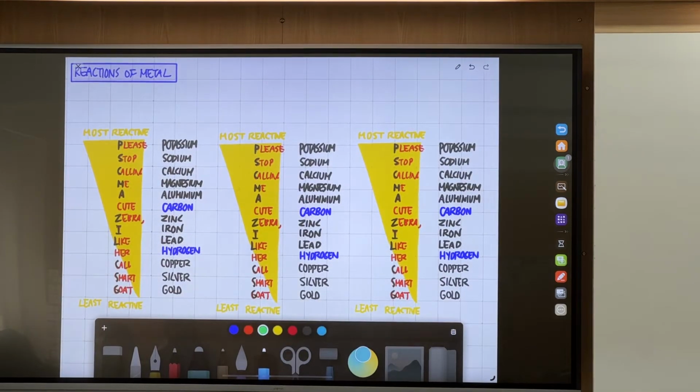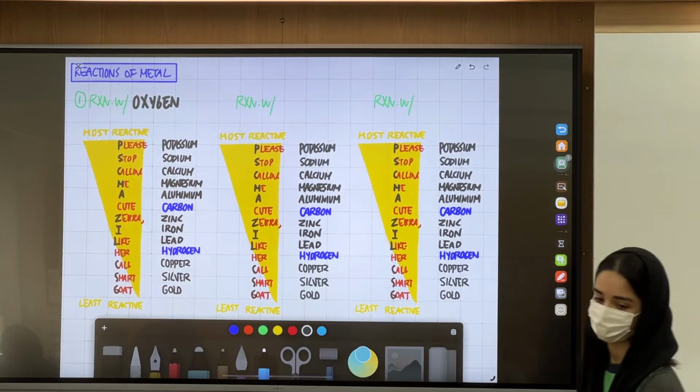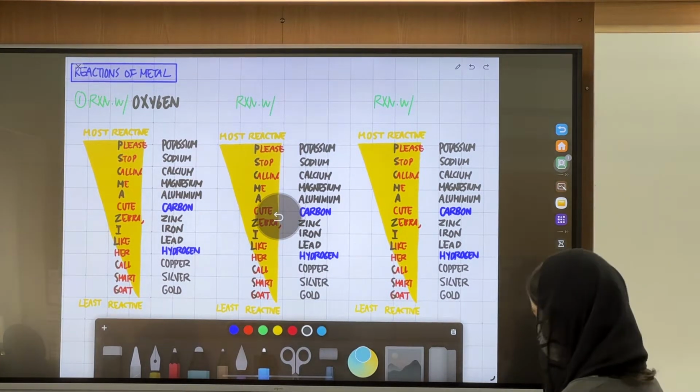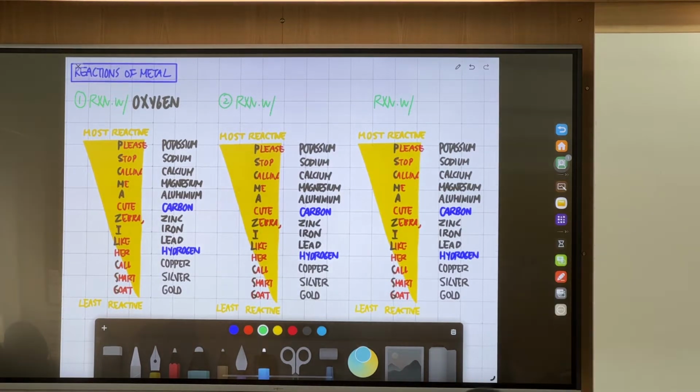The first one being the reaction with oxygen, the second the reaction with water, and the last the reaction with acid.